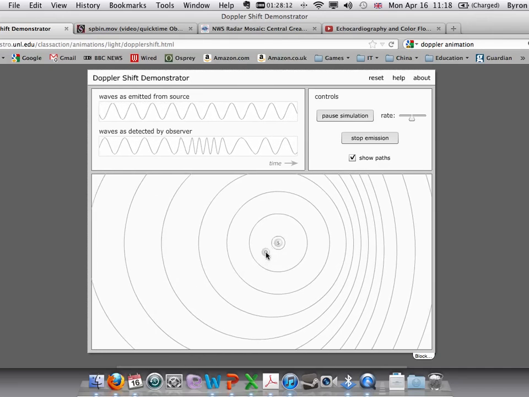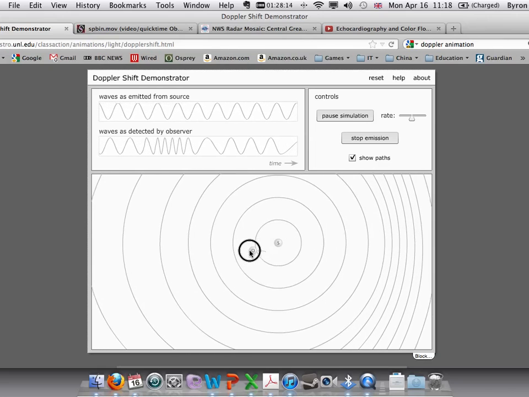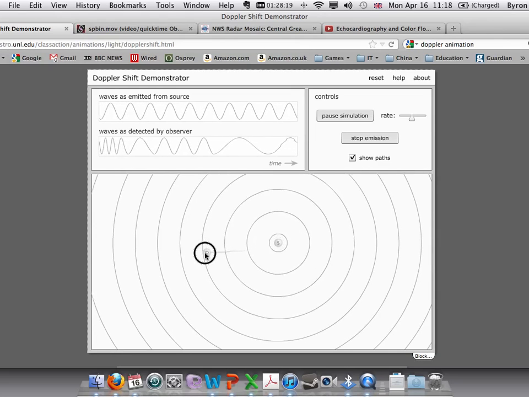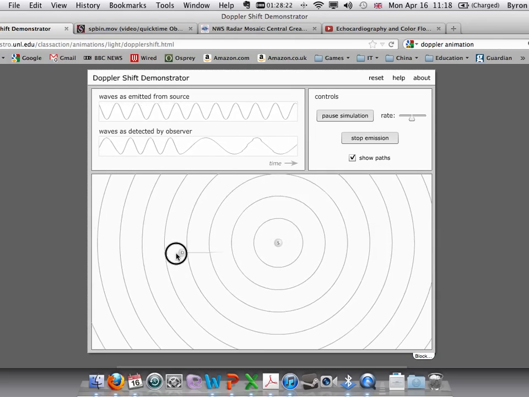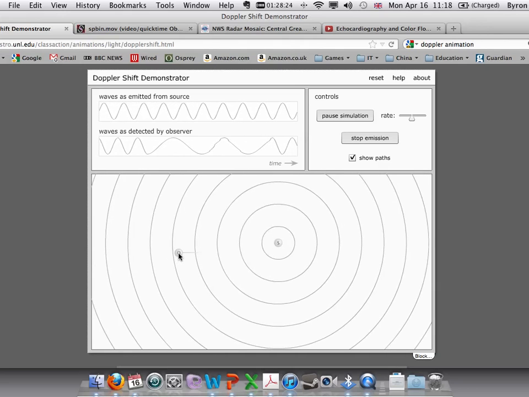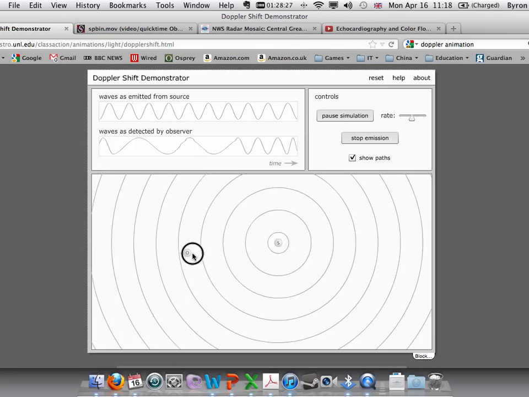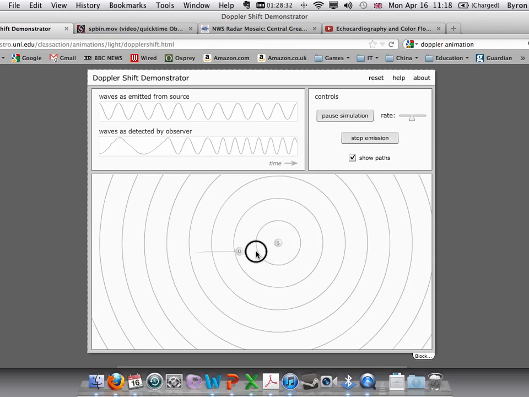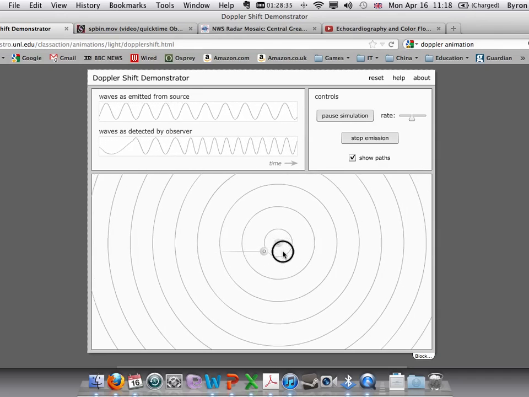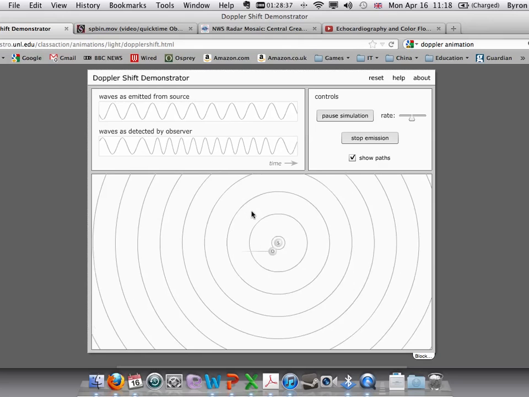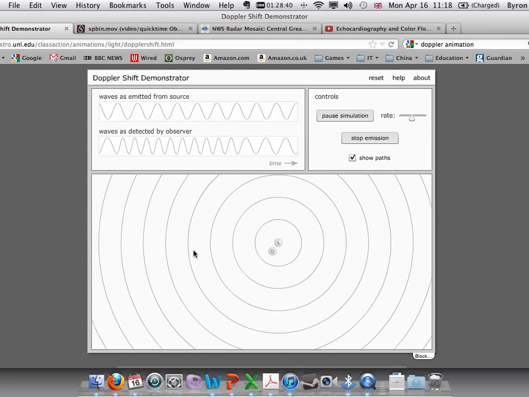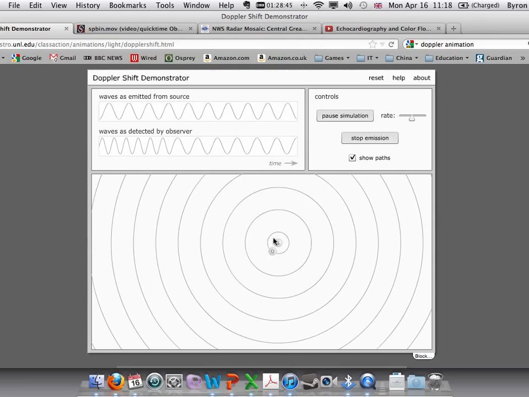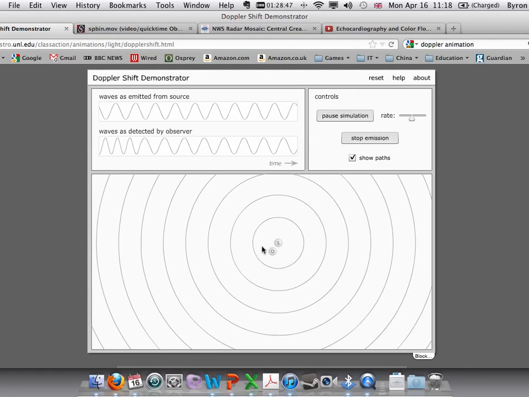And if I move the observer, then the waves either become stretched out if I'm moving away, or compressed if I'm moving towards. Hopefully those two examples show how compression and stretching of the waves depends on the relative movement of either the source or the observer.